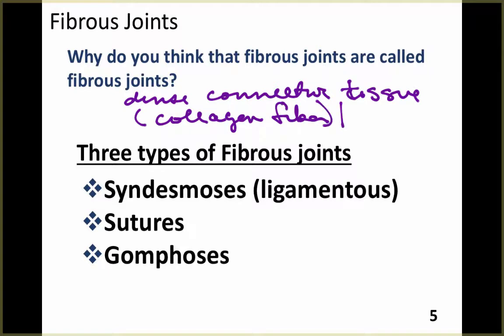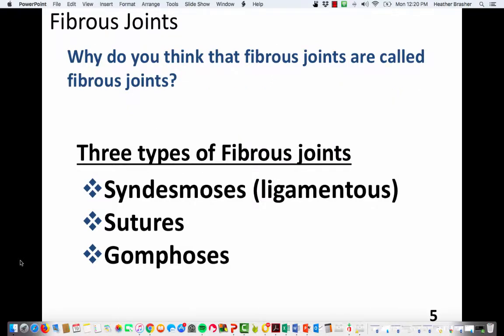And they happen to bones that are in close contact with each other. So there are three types, right? There is syndesmosis, there are sutures, and there is gomphosis, are the three main types. So let's look at all three main types in pictures of each.